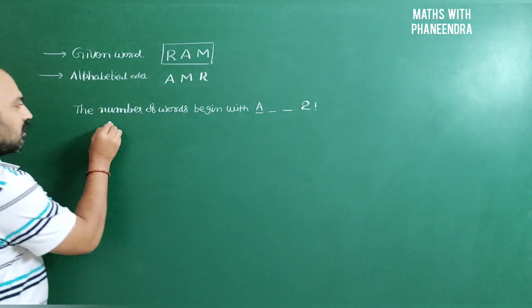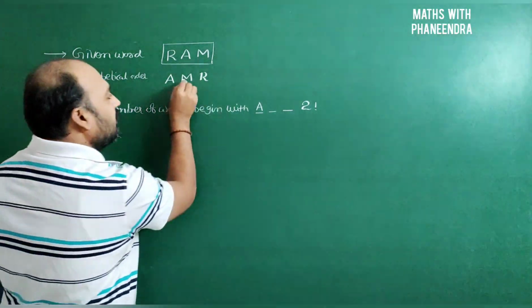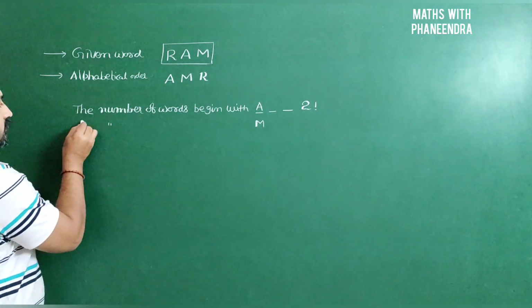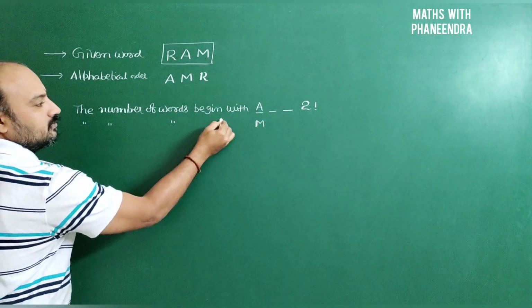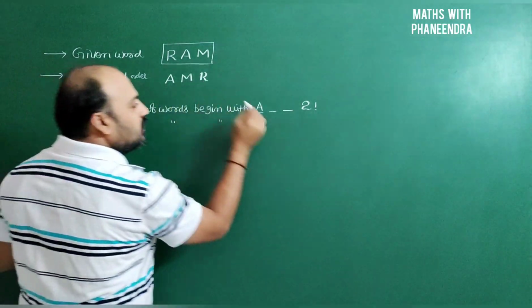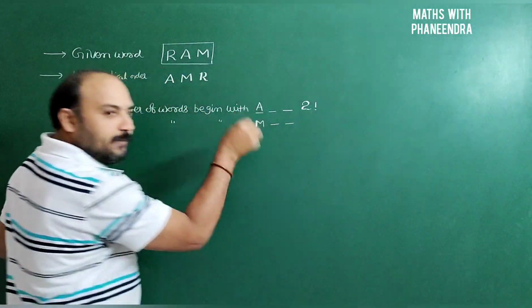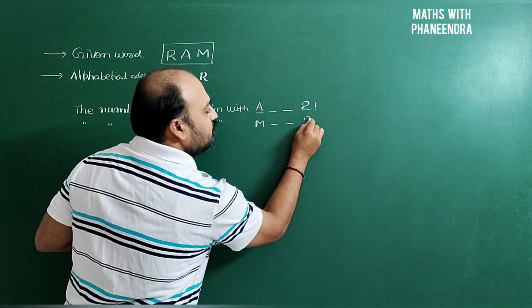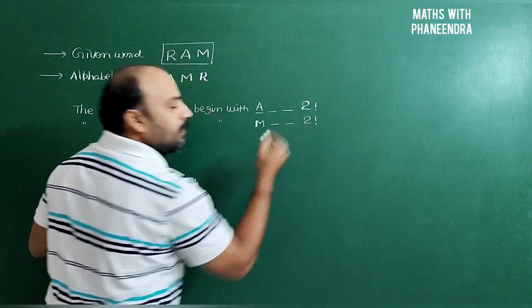Similarly, the number of words which begin with M: if the word starts with M, the remaining 2 letters can be permuted in 2 factorial ways.